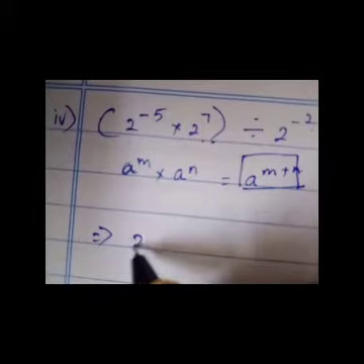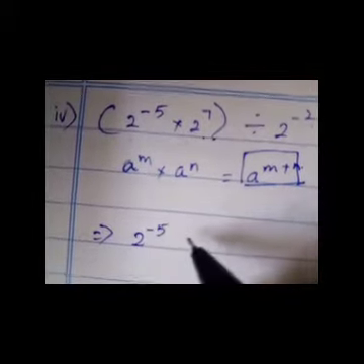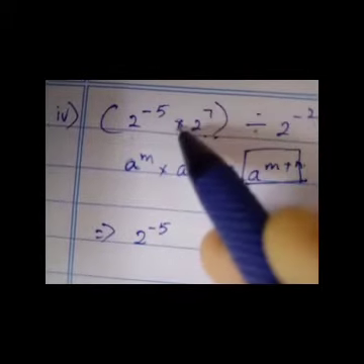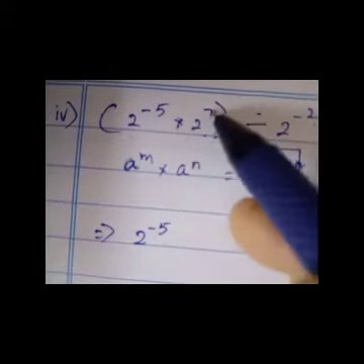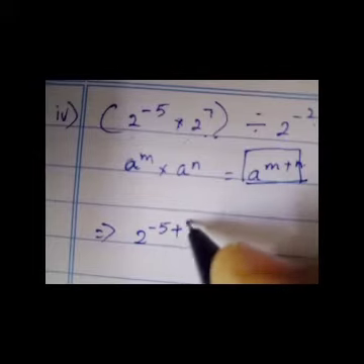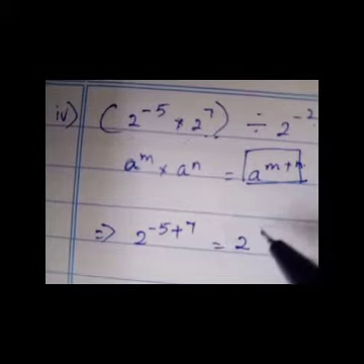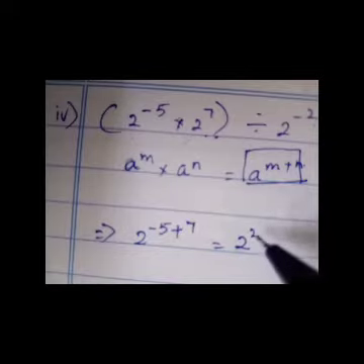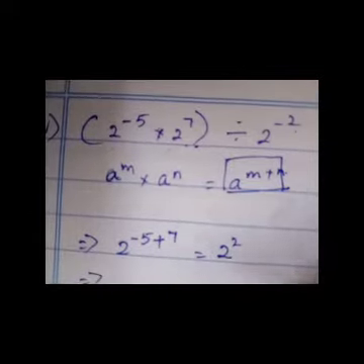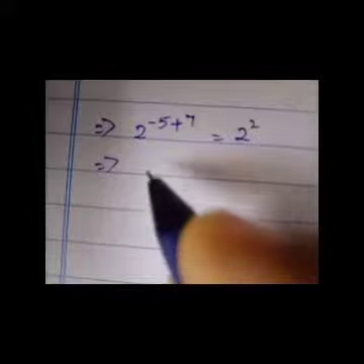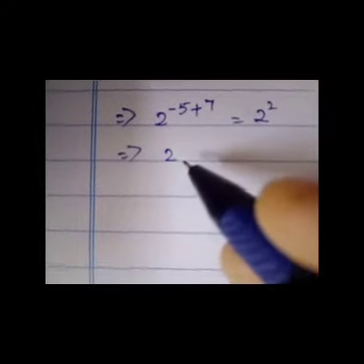Therefore 2 power minus 5, as the multiplication is here means you have to add the power, you know very well. So plus 7, which is equal to 2 power 7 minus 5 is 2. 2 power 2.